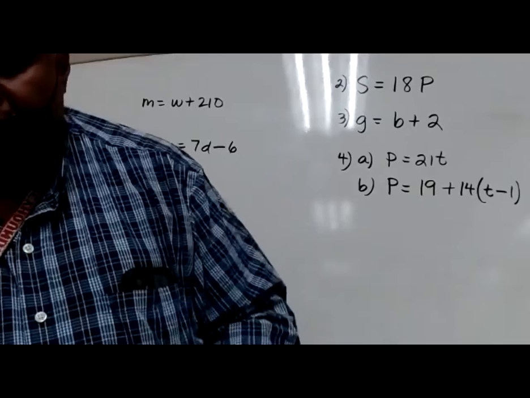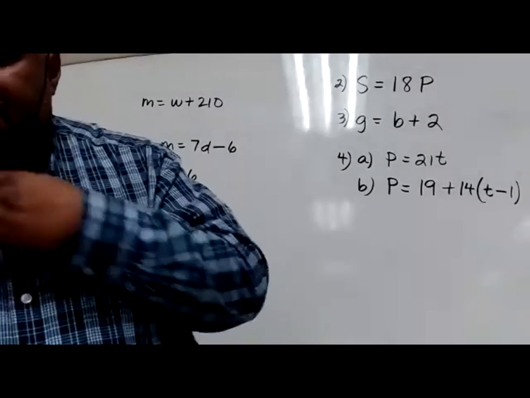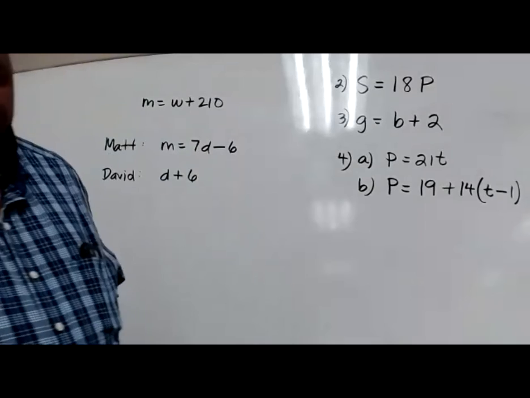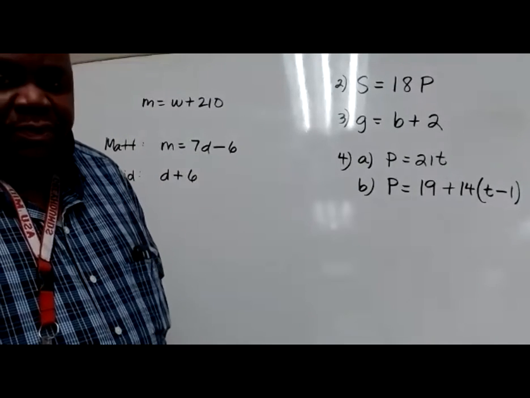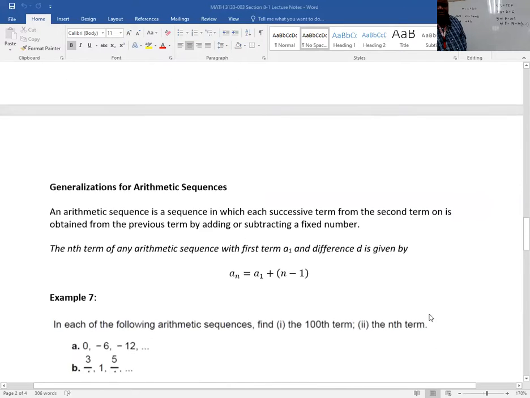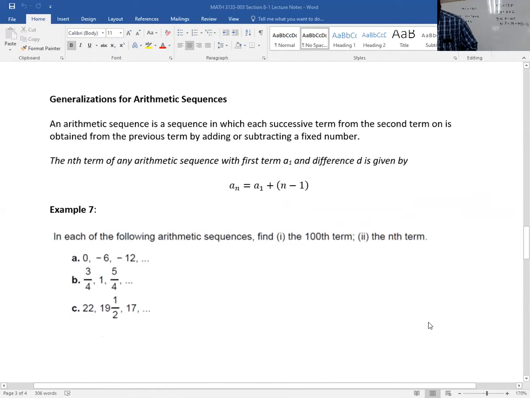Okay. All right, so that's pretty much how we write algebraic equations or translate sentences into algebraic equations. The next thing we'll look at is arithmetic sequences. I don't know if you've seen this before, you've probably heard of arithmetic sequences.